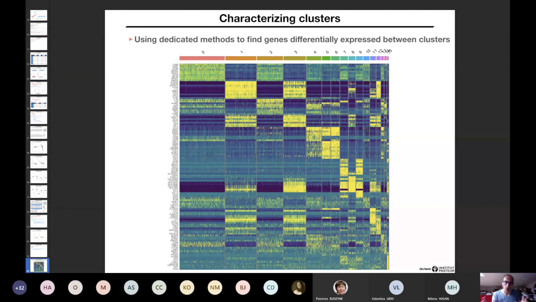So when we apply the algorithm to find genes differentially expressed between clusters, we can plot them on a heat map. And the greener the cells of the heat map are, the more the genes are expressed, and the bluer, the less they are expressed. So what we're looking for is like this well-established box of yellow color, and that's not all the genes that are found differentially expressed between all the clusters.